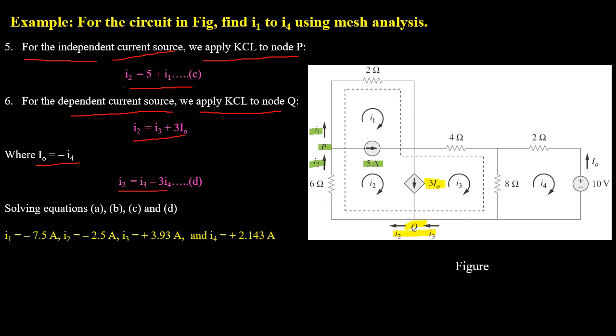Now on solving equations A, B, C and D for the unknown mesh currents, we will have the following results. I1 equals minus 7.5 amperes, I2 equals minus 2.5 ampere, I3 equals 3.93 ampere and I4 equals 2.143 amperes.